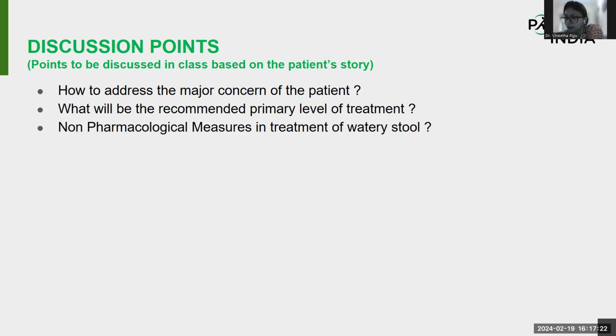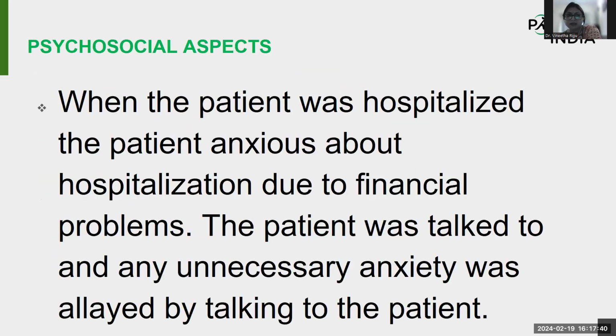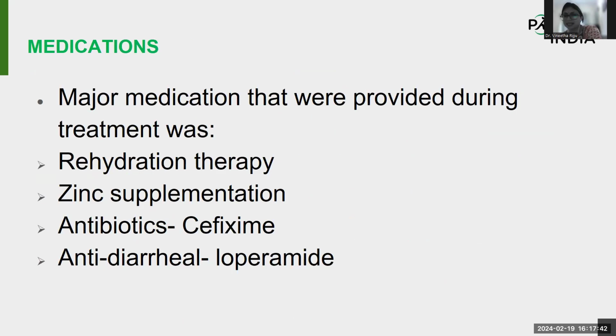So, how to address the major concern of the patient? Her major concern was diarrhea here, right? So there was some treatment given for this patient, right? Apart from that, this is her physical symptom.